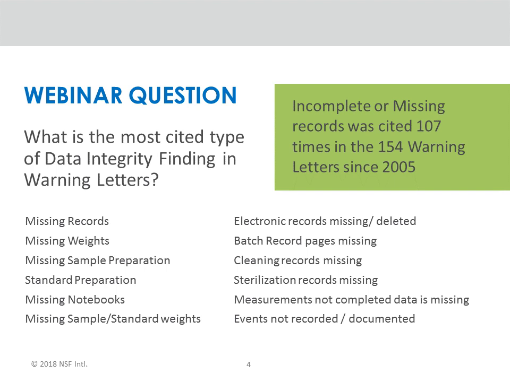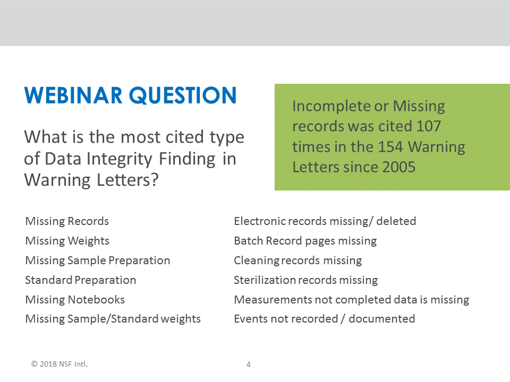We did a study from 2005 all the way to 2017, and we looked at all warning letters issued by US FDA. Of that entire population of warning letters, what we found was 107 of the warning letters had missing or incomplete records. This is out of the 154 warning letters that were tied to data integrity type findings.